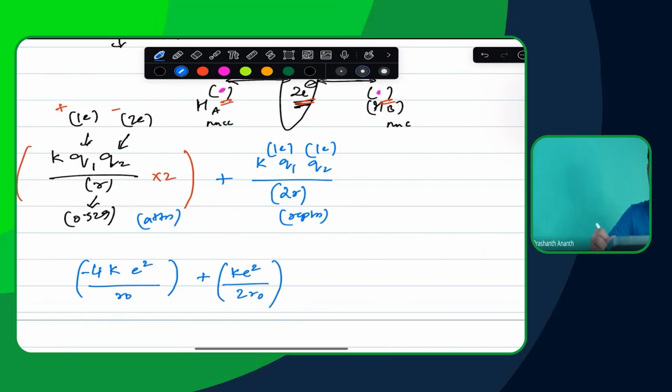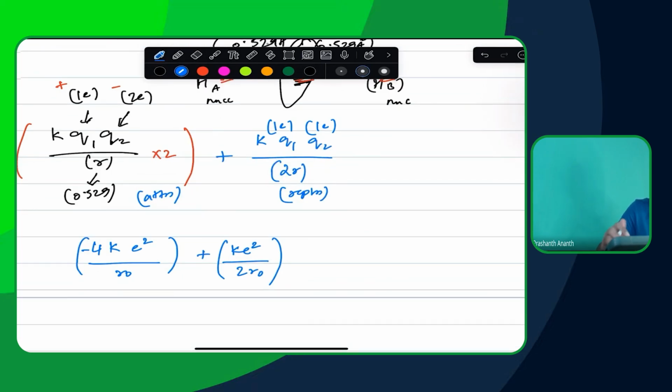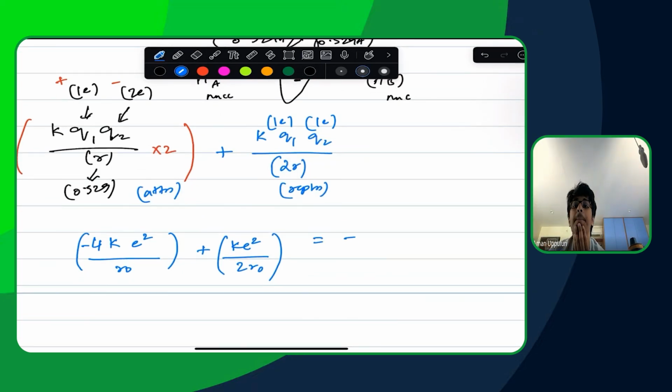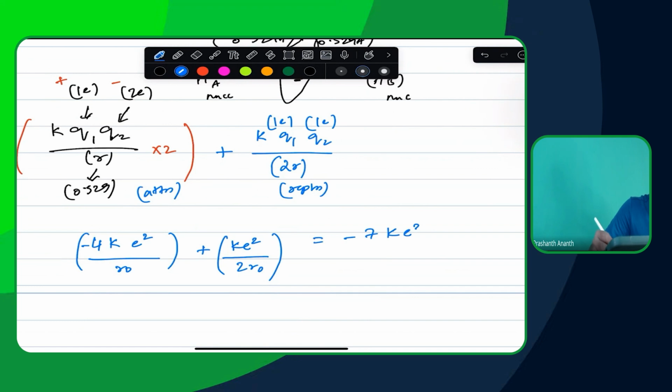I can write this as Ke squared by 2R naught, and now I'll make the first term 8. So this works out as minus 7Ke squared divided by 2R naught. This works out as 3.5 Ke squared by R naught with a negative sign.